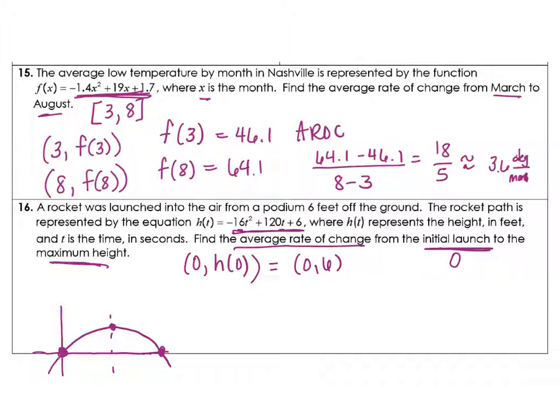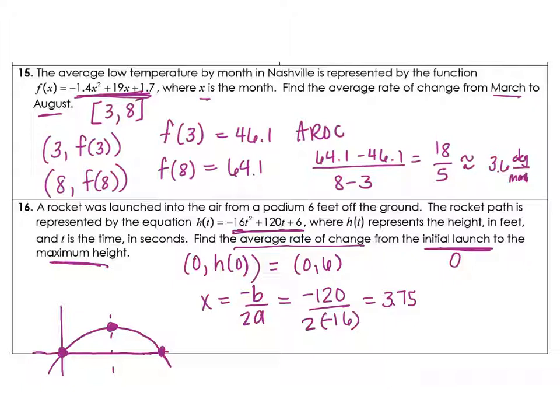I forgot about this. Let's do our negative b over 2a. That's going to be our formula to find our x value right here. I didn't think about that. This is going to be a little bit easier. So 120 is your b value over 2 times a, which is negative 16. If we number crunch this, put this in your calculators, you're going to get 3.75.